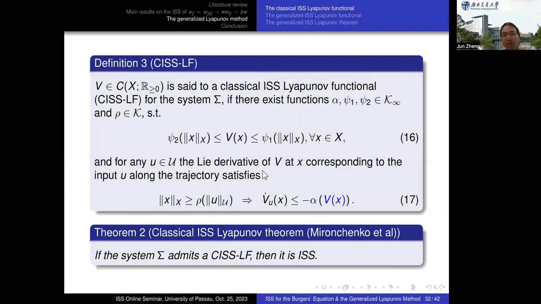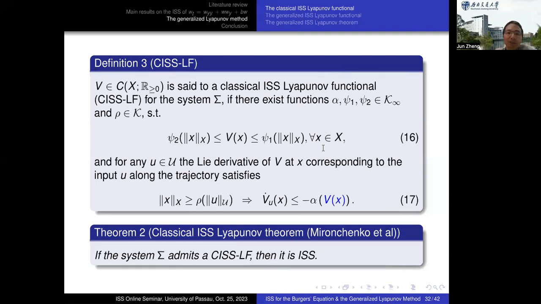Moreover, the derivative of the function should verify this implication condition. Then, based on the notion of ISS Lyapunov functional, we can prove that if a control system admits a classical ISS Lyapunov functional, then it is ISS.